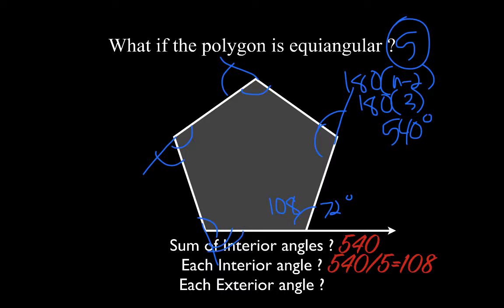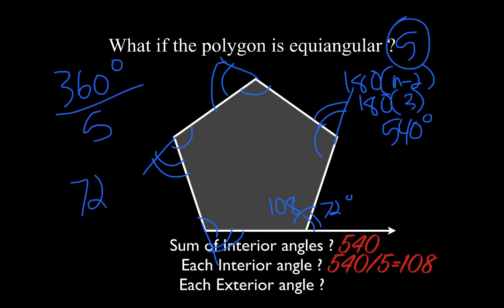Each of those exterior angles is the same. If there's a grand total of 360 degrees in those exterior angles and we divide by 5, we should get 72. Check it on the calculator if you don't believe me. So 72 degrees for each exterior angle. 360 divided by 5, 72.